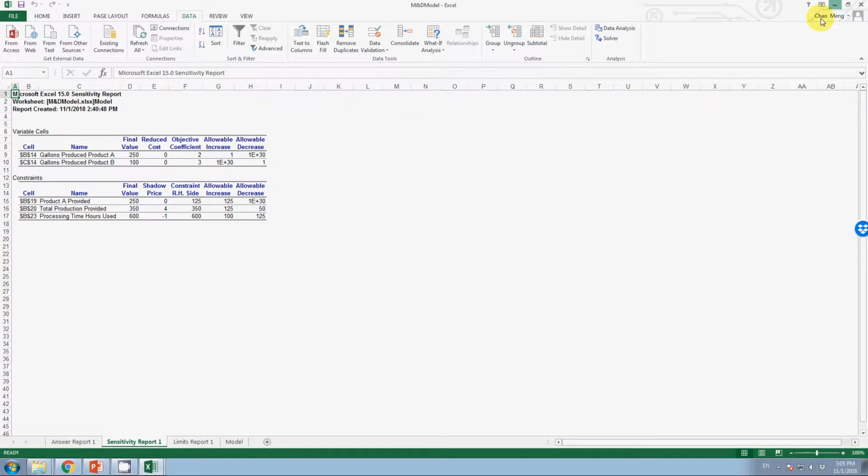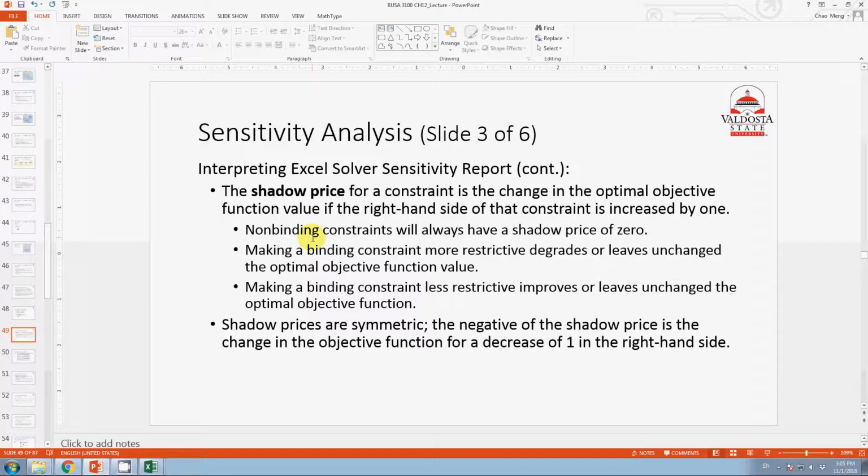The shadow price for a constraint is the change in the optimal objective value if the right hand side of the constraint is increased by 1. For the non-binding constraints, they always have 0 as the shadow price.